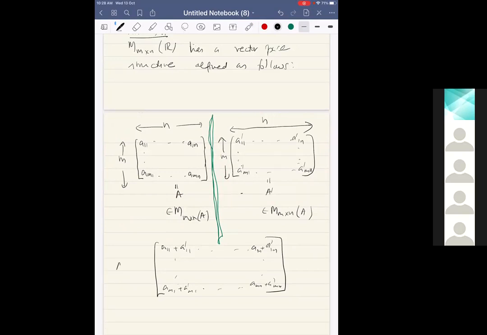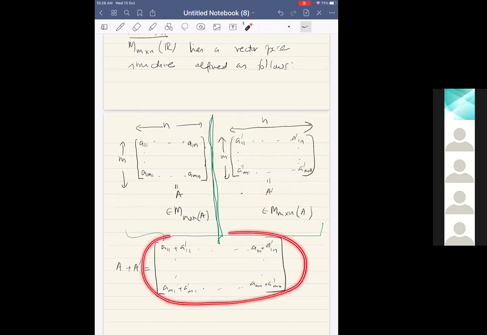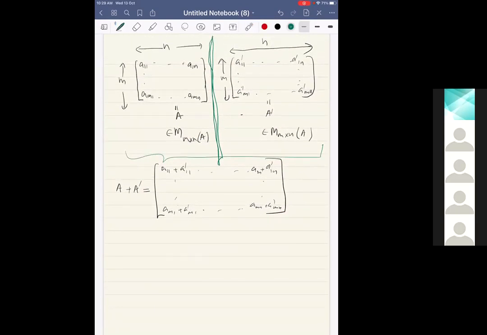So the sum is this matrix. This is how the sum of matrices is defined: you take the corresponding numbers and just add them up. Similarly, scalar multiplication.